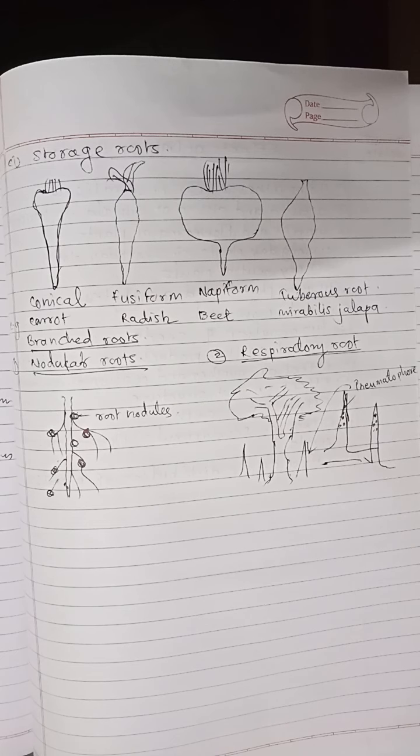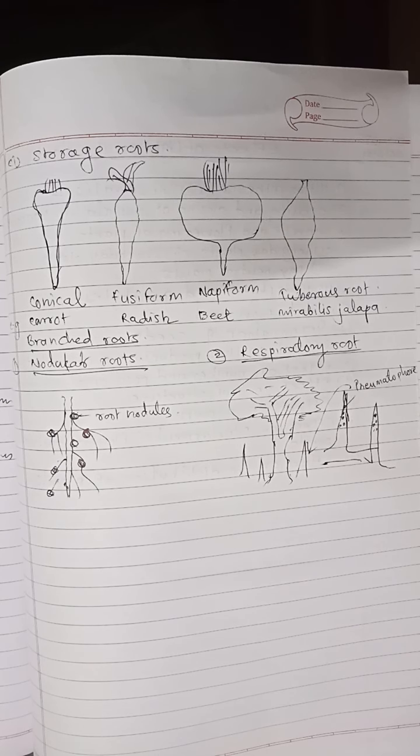Next type is respiratory root or pneumatophores. Roots also breathe, and as such they require air for gaseous exchange. Normally the soil has a large number of small air spaces between the soil particles. This air is utilized by the plants for their respiration.